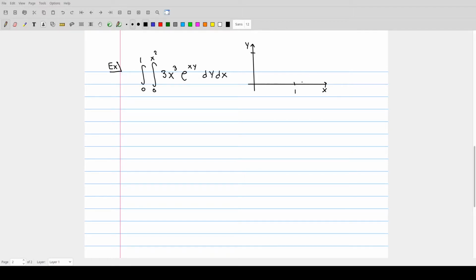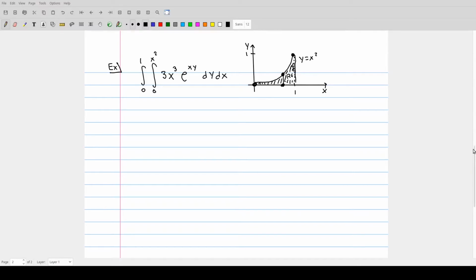So at 1, x squared is equal to 1. So this is what the upper boundary is at this point. And at 0, it's this right here. And then all along the x-axis, the lower boundary is 0 for y, and the upper boundary is the curve y equals x squared. And so our region, at any point, this is the lower bound and this is the upper bound. At any point along the x-axis, the region that we're integrating over becomes this region right here, this region R.